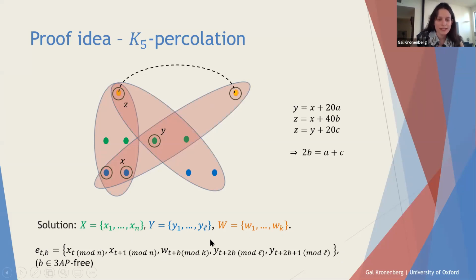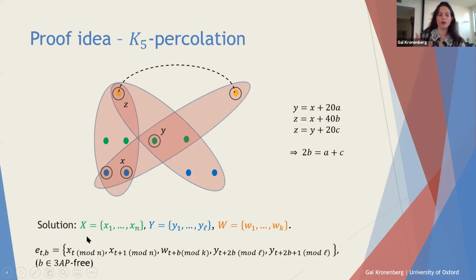But what I do, I don't take in the same clique X1, X2, Y1, Y2, and W1, and then X2, X3, Y2, Y3, and W2. I somehow spread it, so it will be X1, X2, Y1 plus 2B, Y2 plus 2B, and W1 plus B.